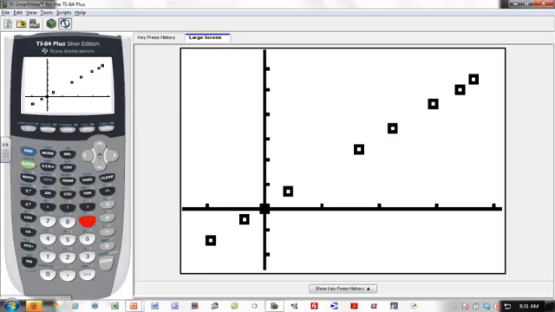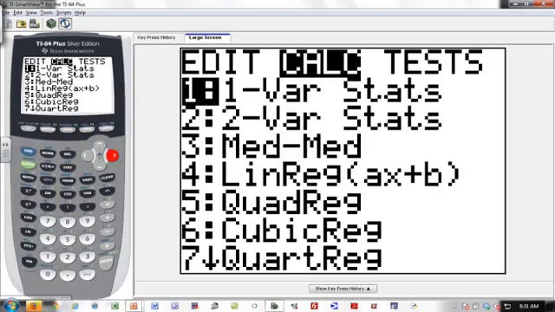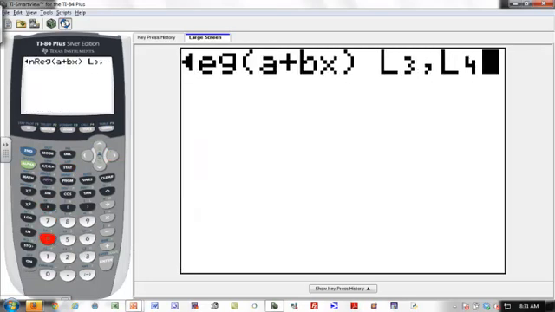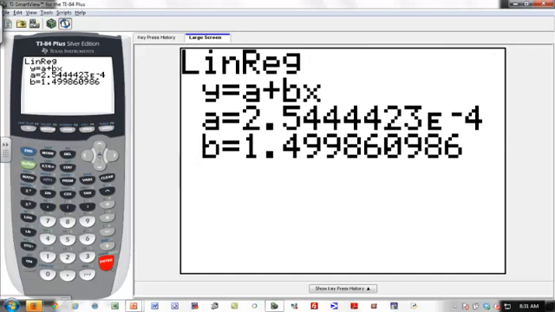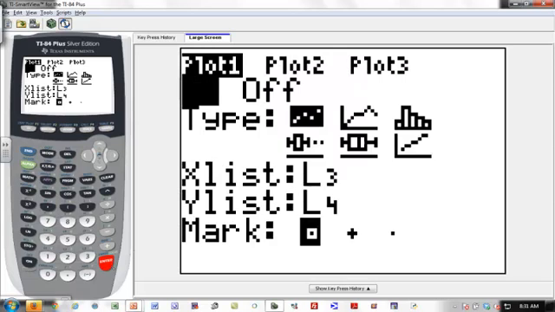So let's go ahead. Let's do a regression, stat, calc, 8, L3 versus L4. So we're doing the regression against the transformed data. Right? Let's then look at the residual plot. L3 versus resid.